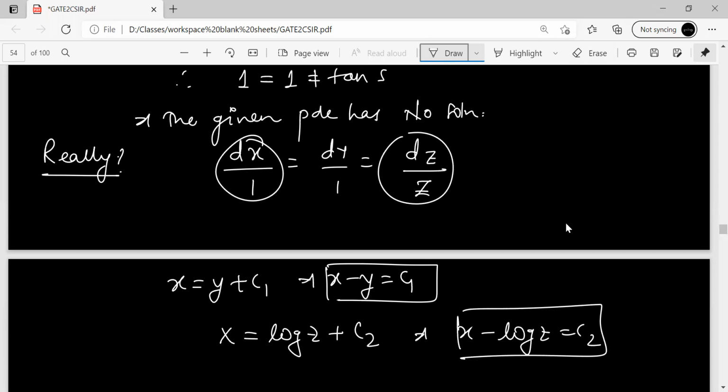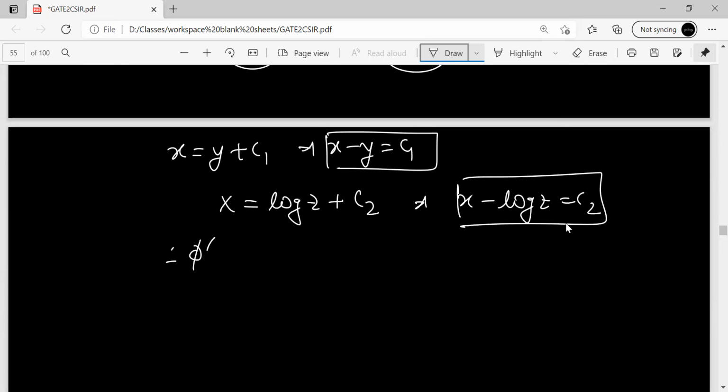Now you may consider phi of c2 equal to c1, or phi of c1 equal to c2. But I'll advise you to take phi of c2, or you can take any, no problem.